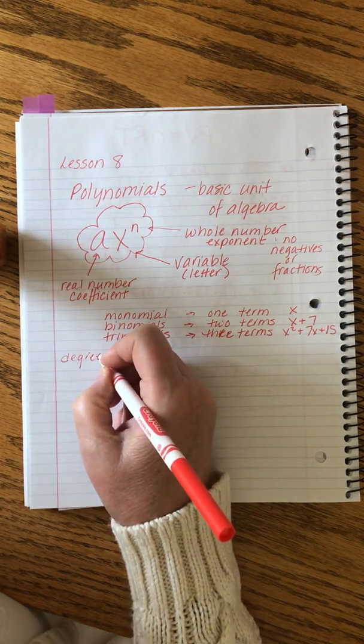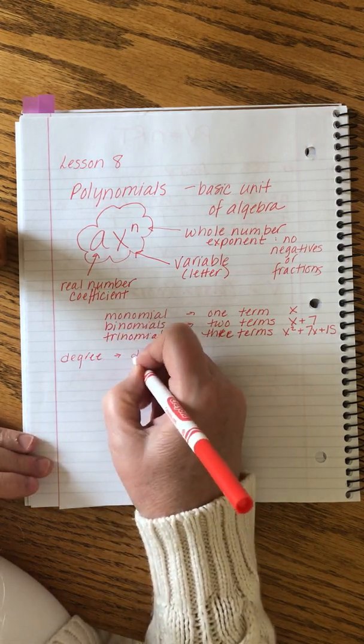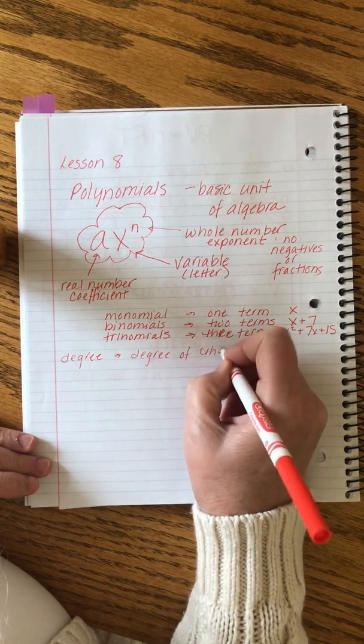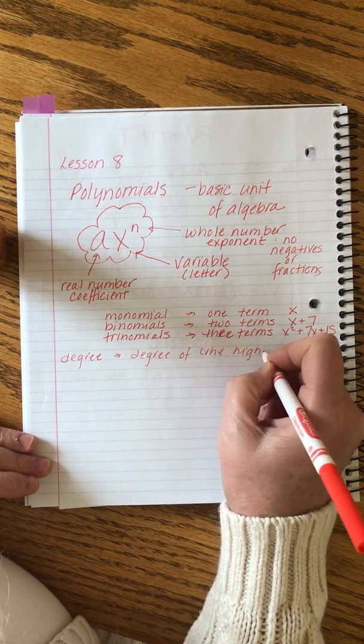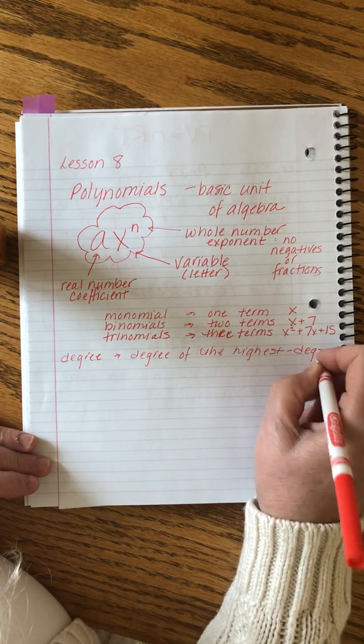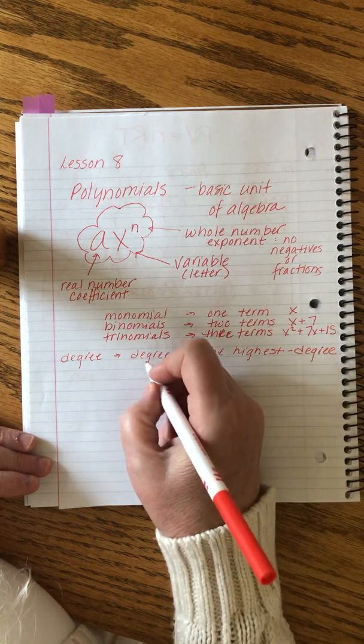And to find the degree of a polynomial, we look at the degree of the highest. I feel this is something you say and it's like, this is just talking in circles. It makes no sense.